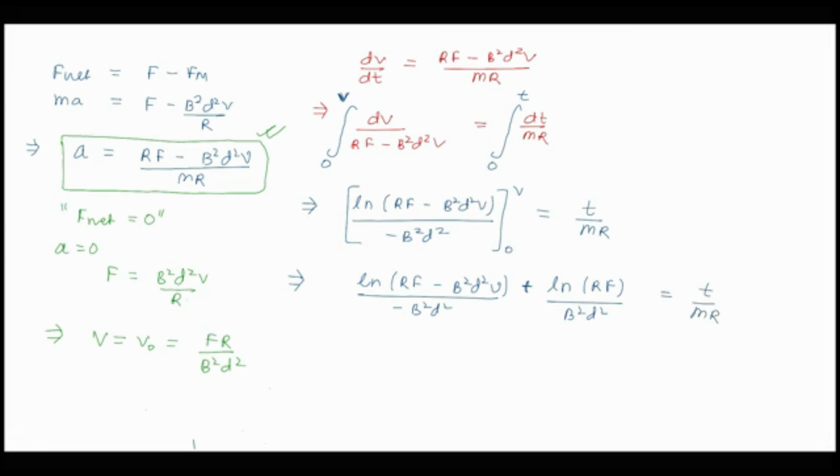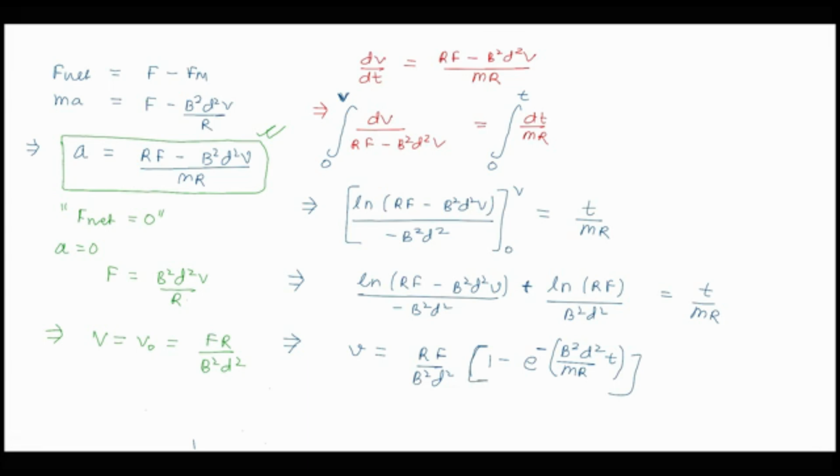Now we can rearrange this, and the expression is going to look like this: v is equal to RF upon B²D² times (1 minus e to the power minus B²D² upon mR times t). This entire term is in the power of e.